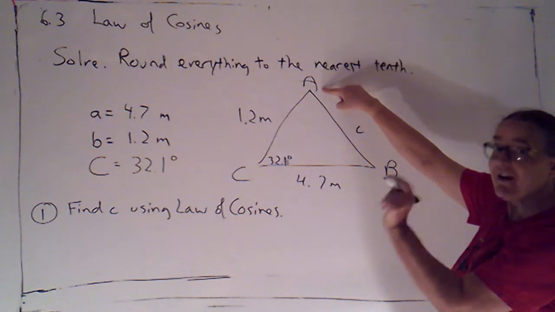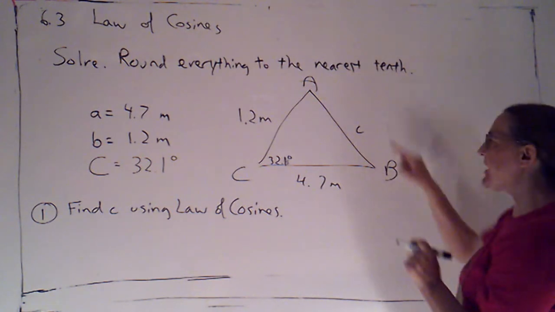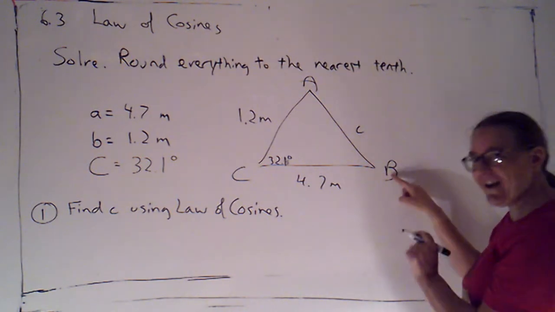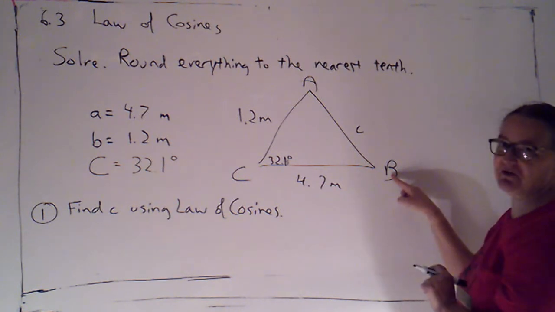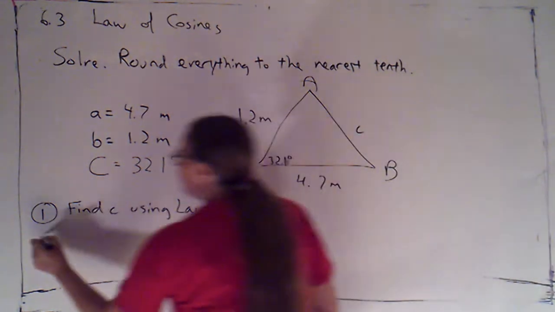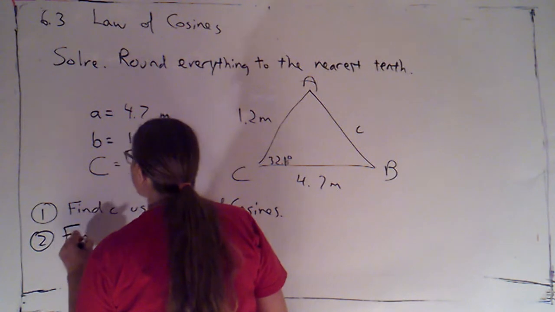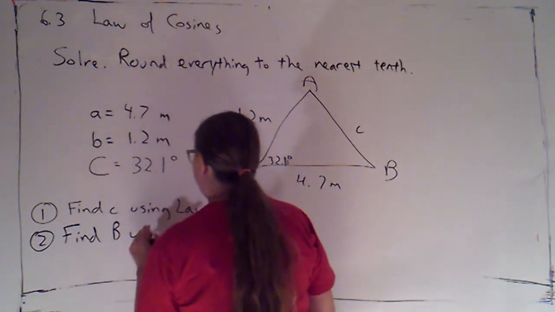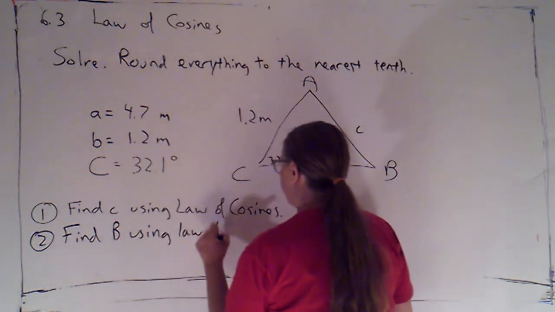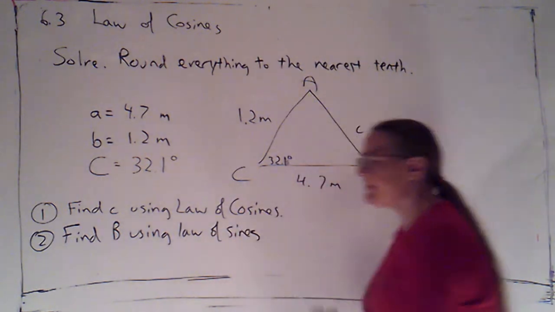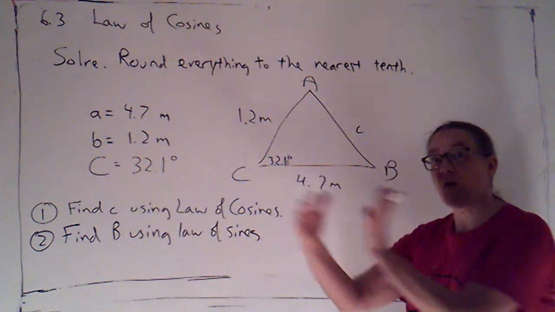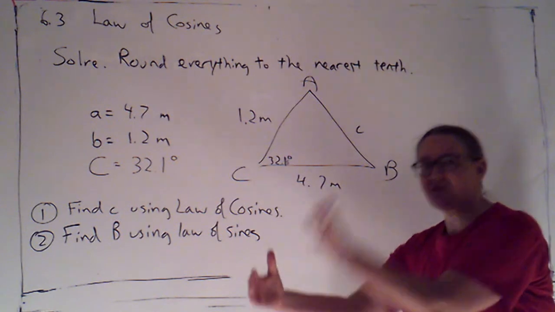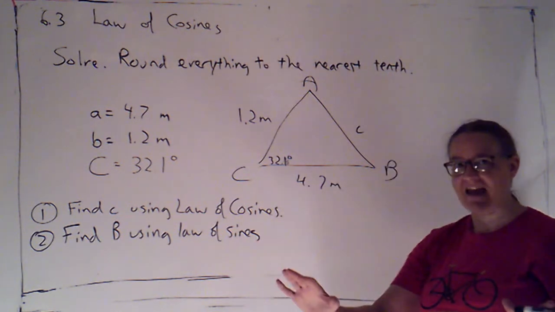I don't know if I do or not, but I know that B is not the biggest angle, therefore B is acute. So I'm going to find B using law of sines. That's because I know it's acute, so once I know its sine, B is just arcsine of that value.